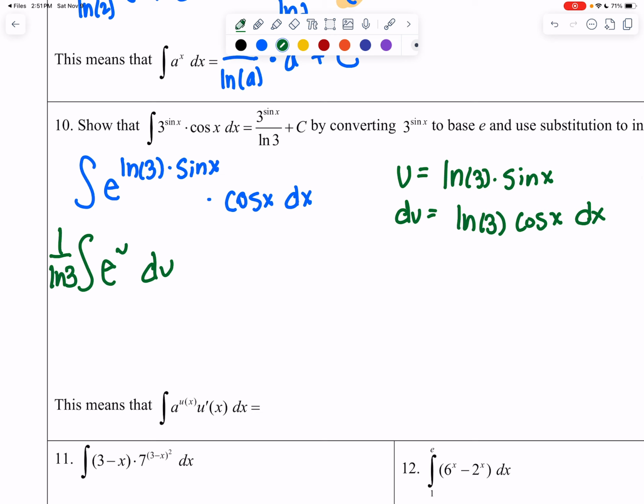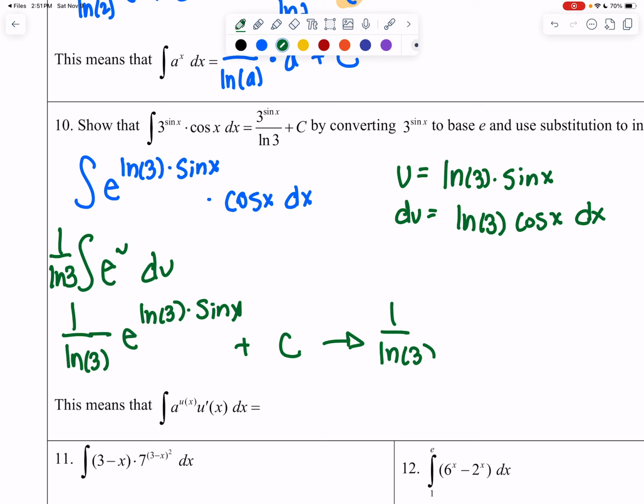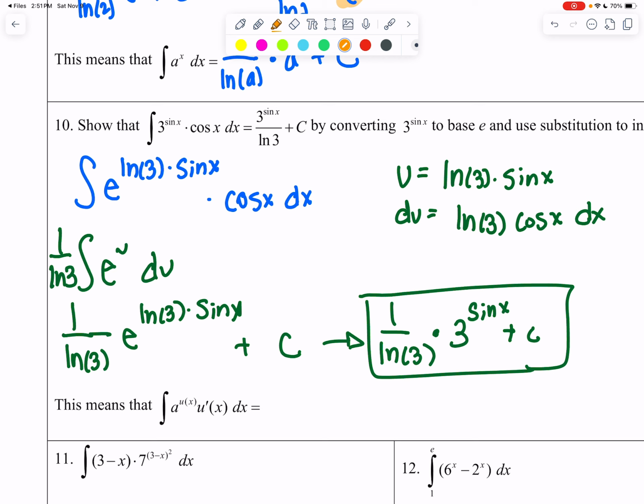Now, we know that the integral of e to the u is just e to the u, and substituting u to be ln of 3 sine of x is going to give me this lovely thing right here. And we know that e and ln are inverses of each other, so I could get rid of them. That's going to give me 1 over ln of 3 times 3 to the sine x plus c, which is what the original function was right here.